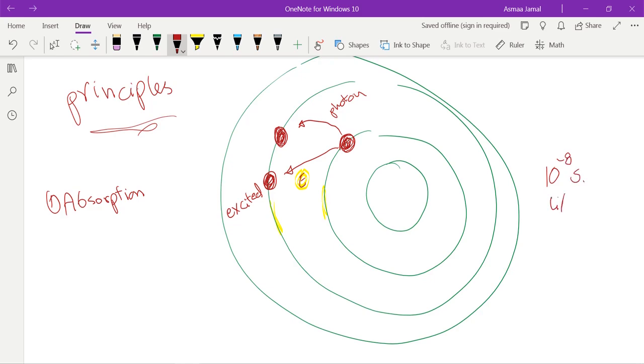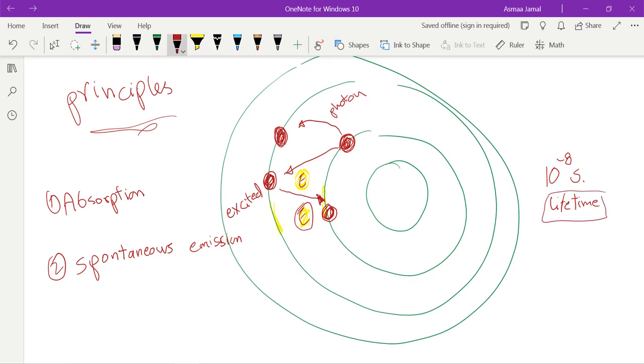When the lifetime of the excited electron ends, it will return again to the ground state naturally, giving off energy, of course, or emitting energy. And since it occurs naturally, we call it spontaneous emission. Meaning the excited electron will go back to the ground state naturally, spontaneously, when its lifetime ends.